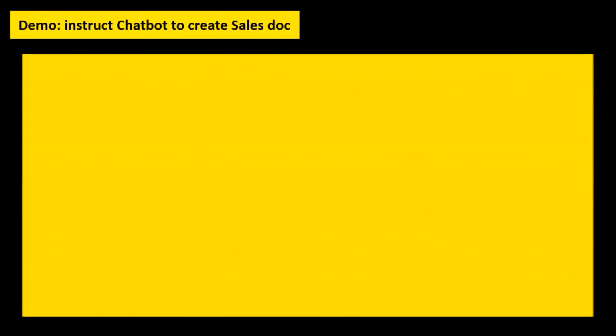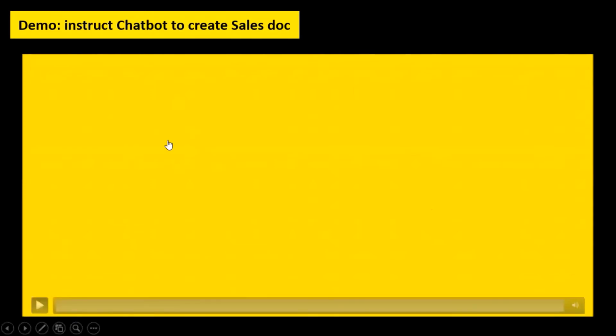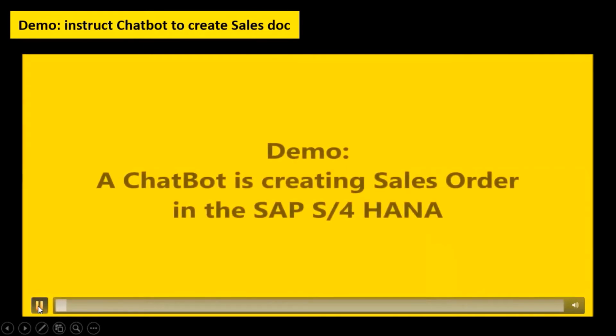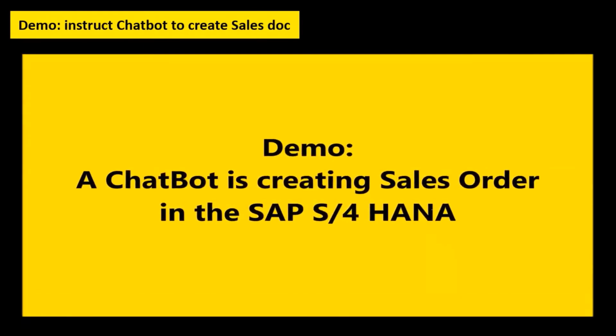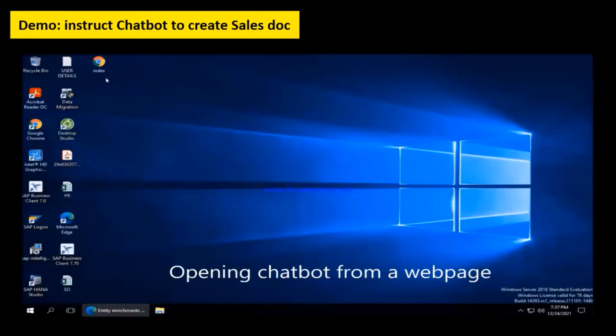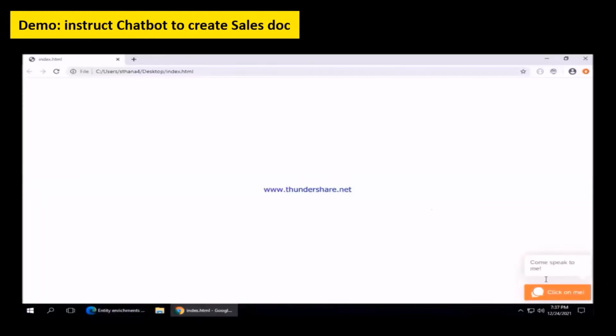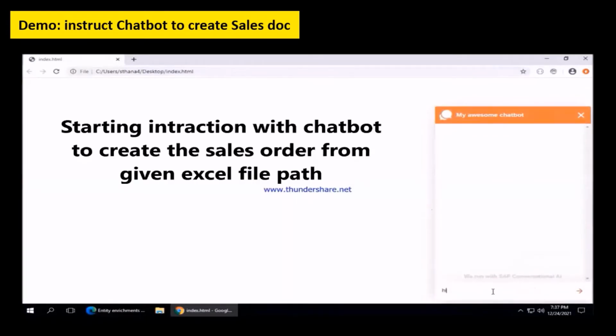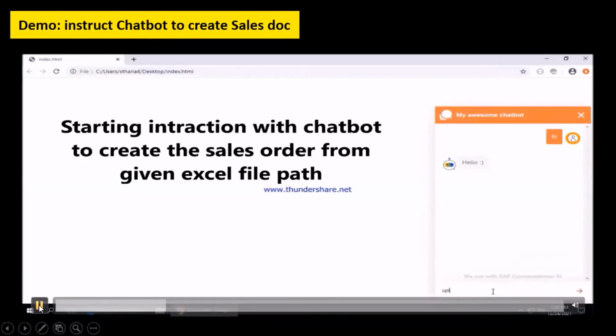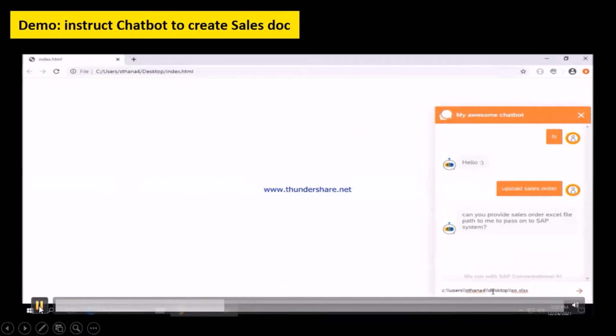Okay. So let's check one demo over here, where I'm creating a sales order. It's a very basic demo. It can be very complicated also. The scenario can be very complicated, but you will achieve it using a chatbot and RPA. So from the web browser, I'm opening my chatbot. I'm chatting with the chatbot just to upload the sales order.